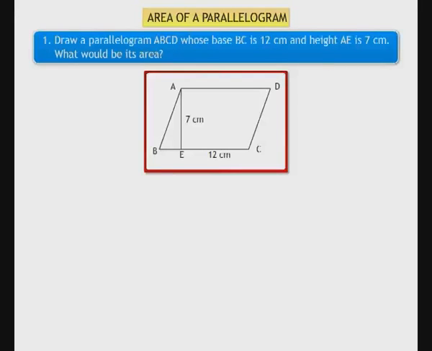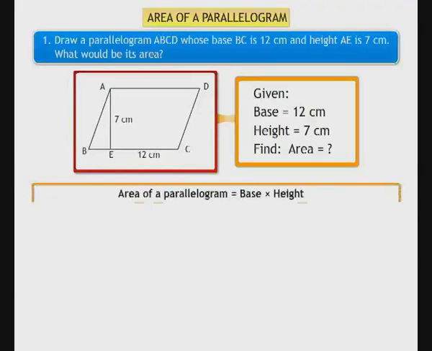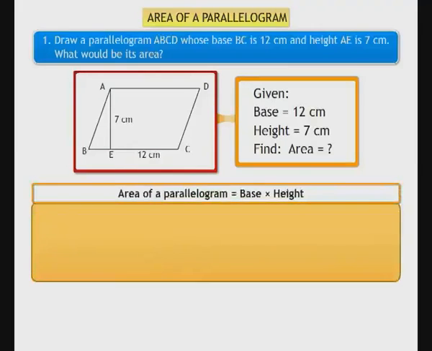We shall now learn how to find the base or the height of the parallelogram when the area of a parallelogram is given. 2. The area of parallelogram ABCD is 26 square centimeter. If its base is 6.5 centimeter, what is its height? Given.